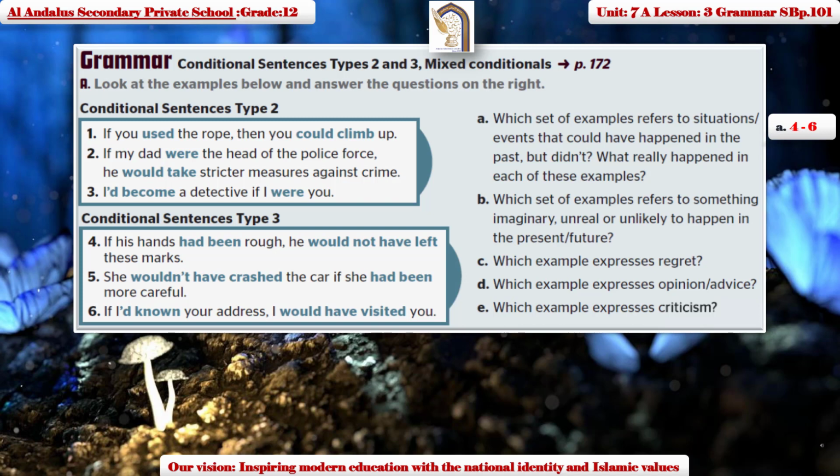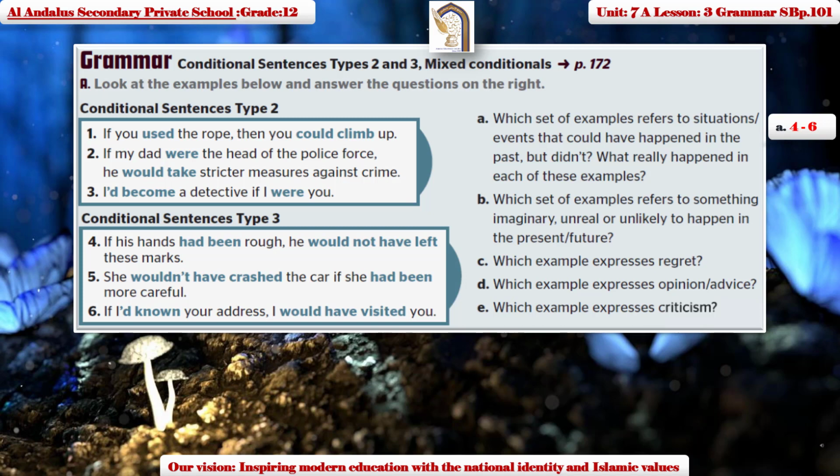Okay, let's get back to the answer of the second part of the question. What really happened in each of these examples? Sentence 4. If his hands had been rough, he wouldn't have left these marks. This means his hands weren't rough, so he left those marks. Sentence 5. She wouldn't have crashed the car if she had been more careful.